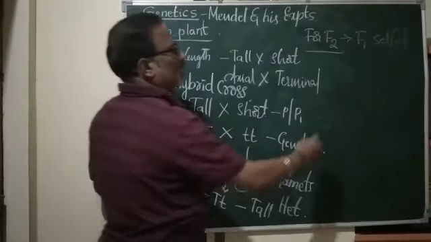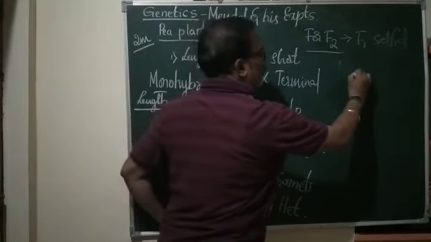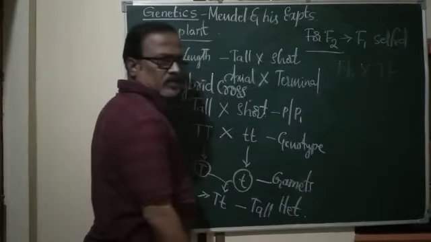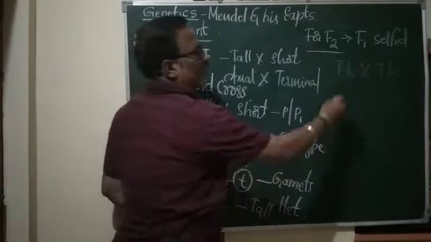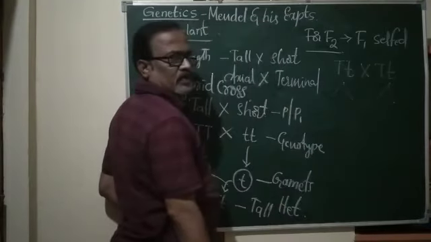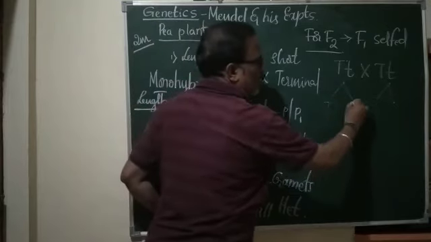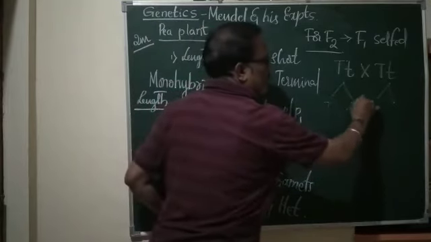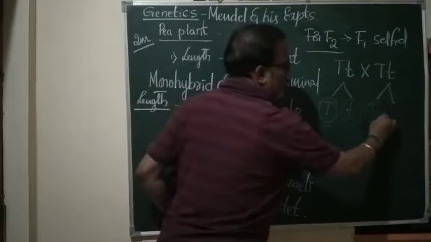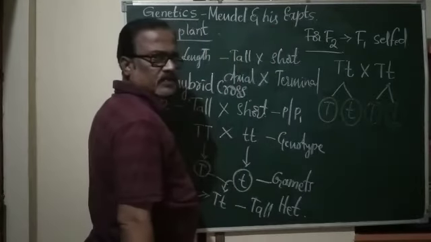F1 selfed means heterozygous tall pea plants crossed with heterozygous tall pea plants. Because of their heterozygous condition, they will produce 2 types of gametes: 50% of the gametes with tall genes, 50% of the gametes with short genes.